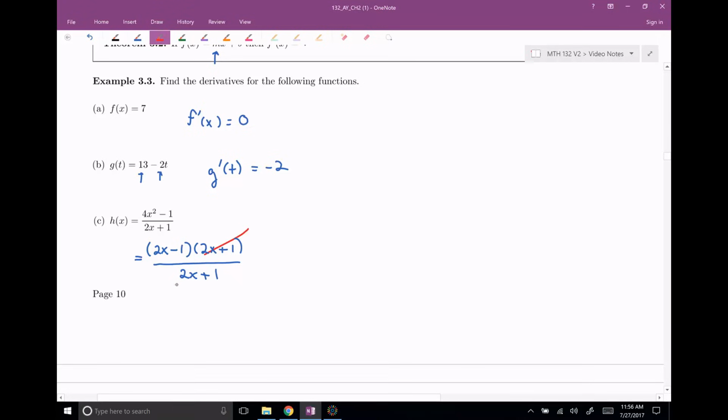You can see there's some nice cancellation that happens here. So in reality, this is essentially a linear function. Maybe not at one specific point, since you don't want to divide by 0, but most of the time it is a linear function. So now the question is, what is the derivative? Well, this function behaves like 2x minus 1 most of the time, so its derivative is going to be equal to 2, the slope. All right, so that's taking some derivatives of some constants and linear functions.